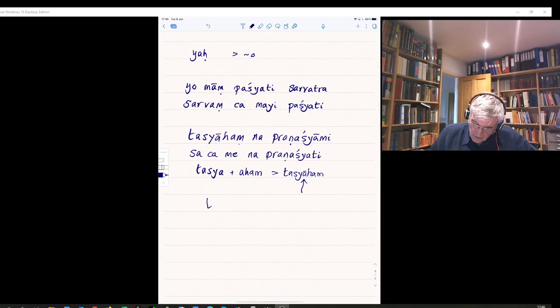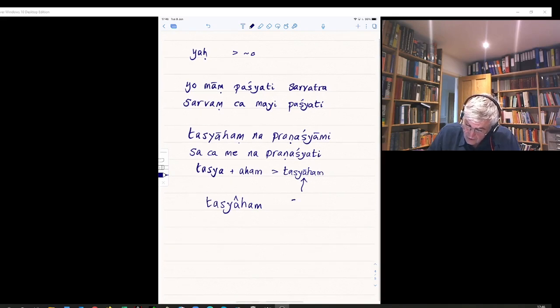This tasyaham reflects exactly the Devanagari script. But scholars will very often use a circumflex here, tasyâham, which incidentally does not reflect anything in Devanagari script. Devanagari just has the long a, which on its own is written like that, and after a consonant is just written as a long stroke.